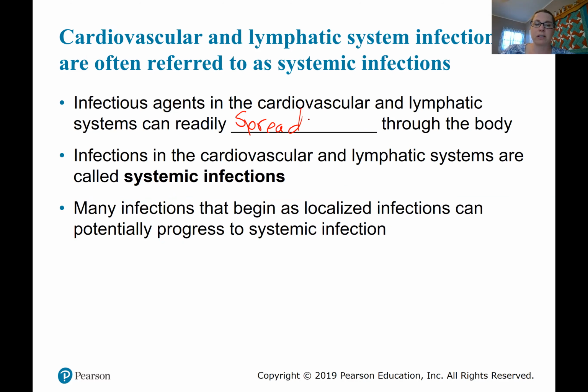In the cardiovascular system and the lymphatic system, if there is an infection, that's called a systemic infection because it's probably going to spread throughout the body. And a lot of times systemic infections began as a localized infection, or an infection in one particular part of the body. They entered the bloodstream or the lymphatic system and spread from there.